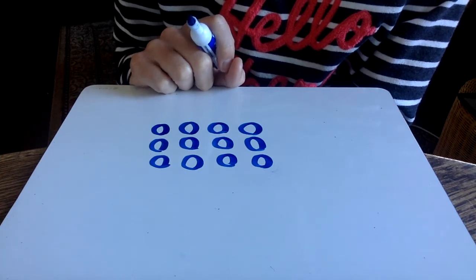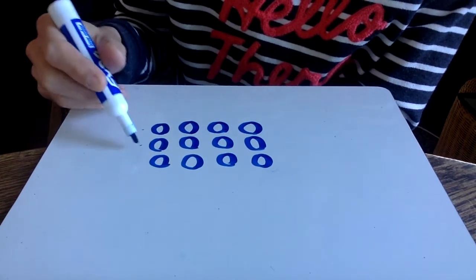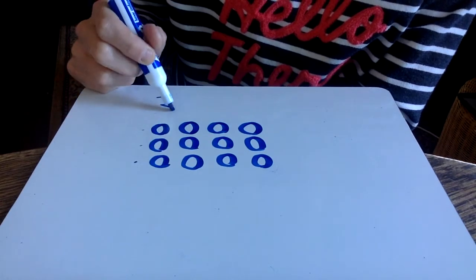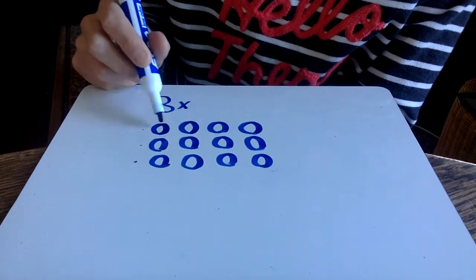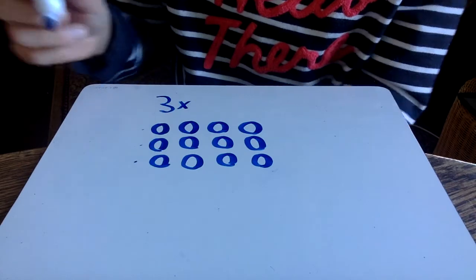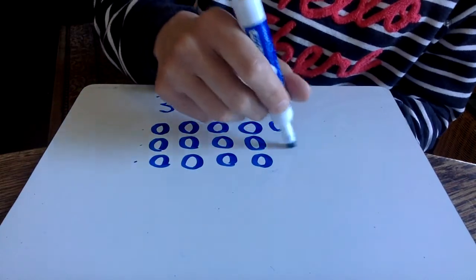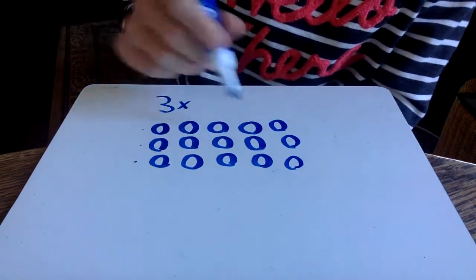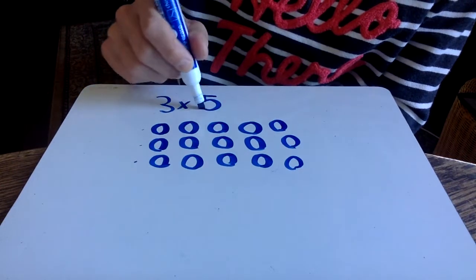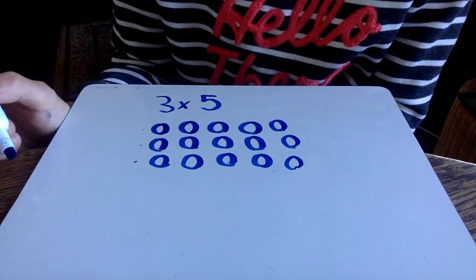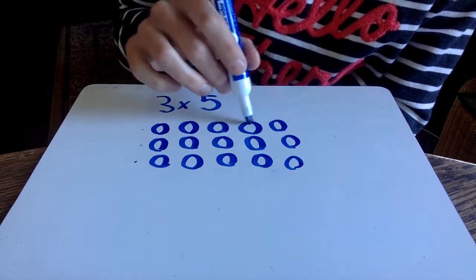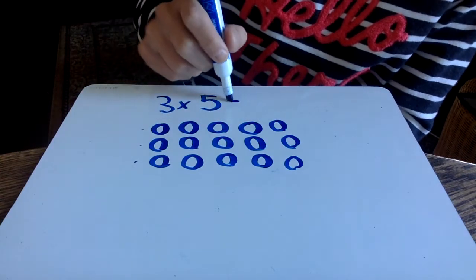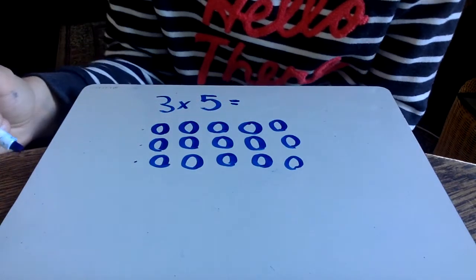Well, how many rows do I have? I have 1, 2, 3. I have 3 rows. Oh, wait a minute. Sorry, let's do this again. 3 rows of 5 each. 1, 2, 3, 4, 5. Sorry, I meant to draw 5. Now, that's how I can show that.